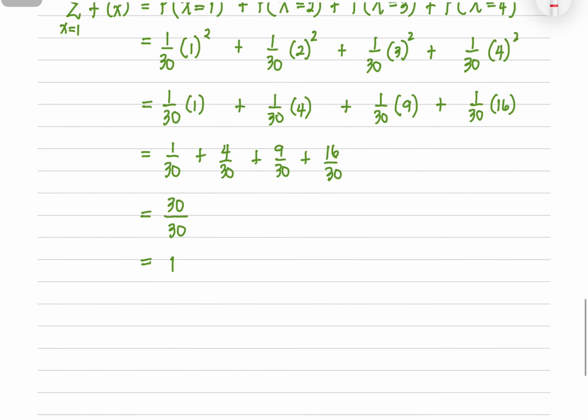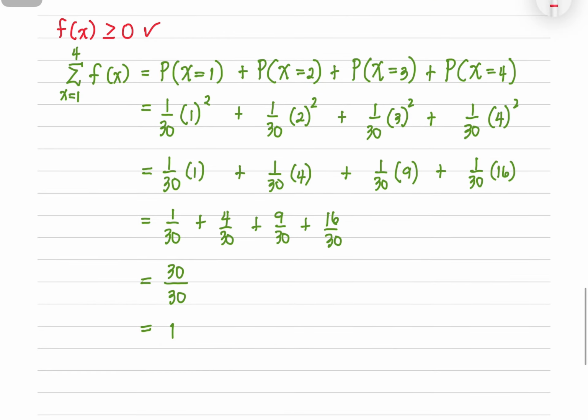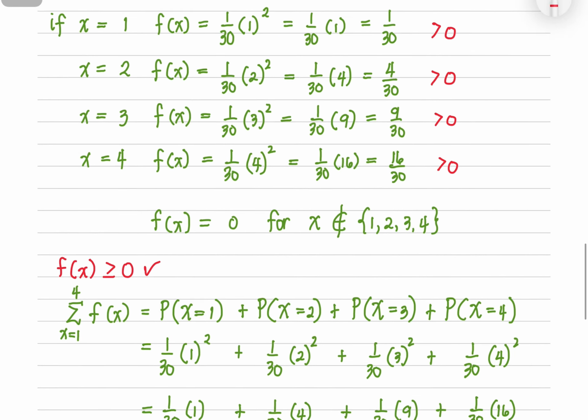So therefore, f of x is equal to 1. So since the two properties are satisfied, therefore, f of x is indeed a probability mass function.